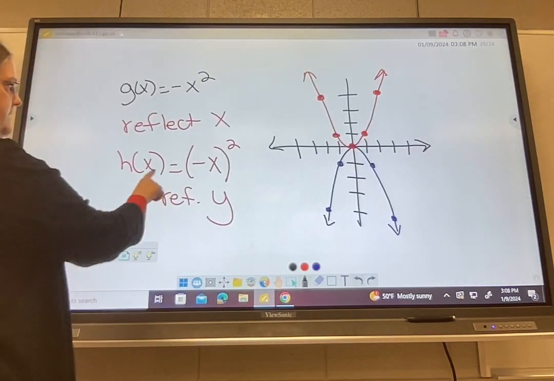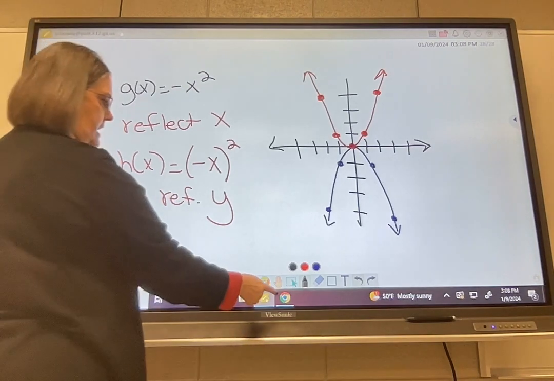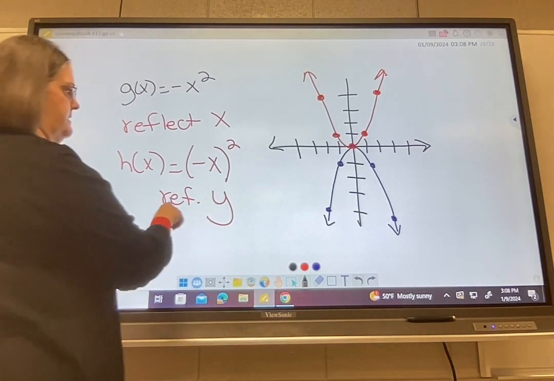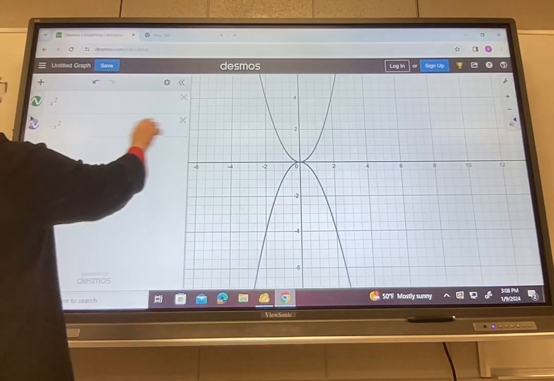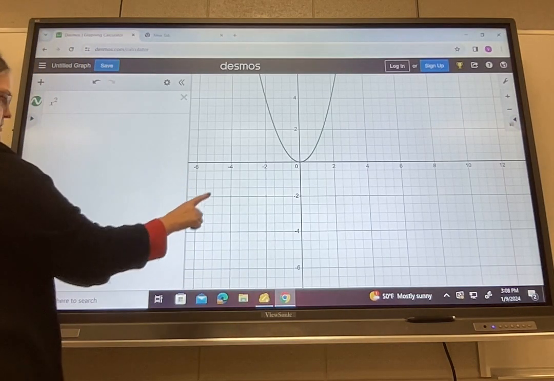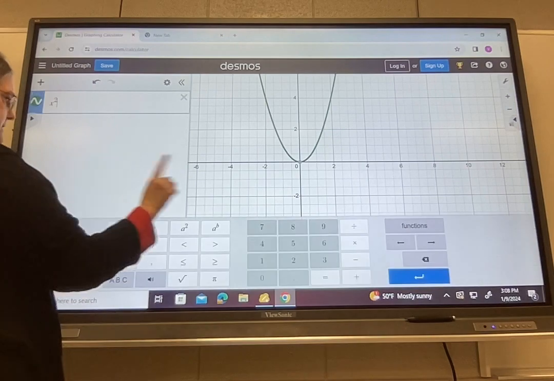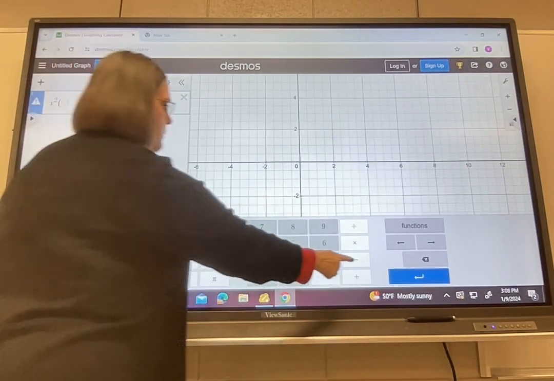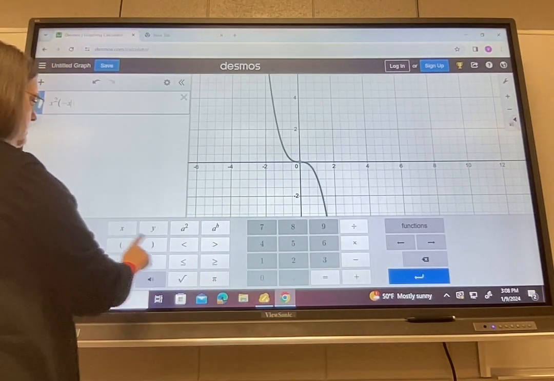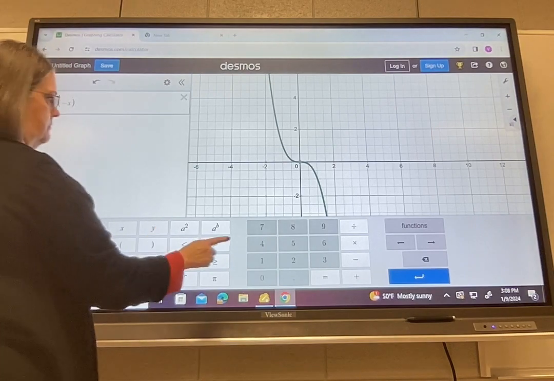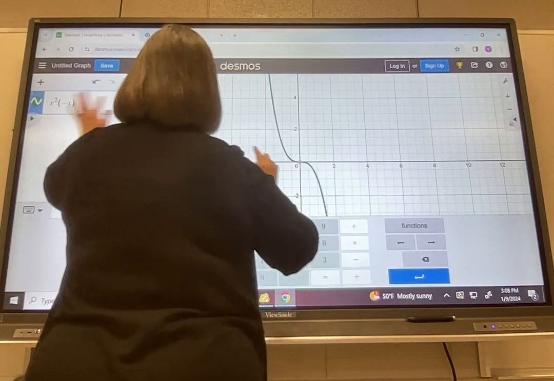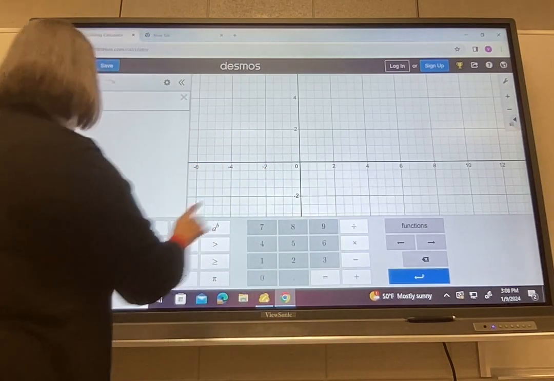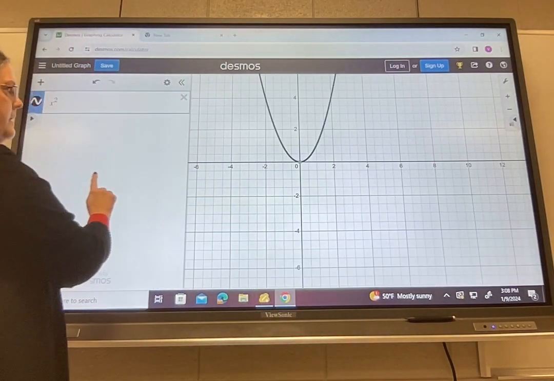And the next one, if you put a negative sign on the inside of the parentheses, that reflects y. Now, if I reflect the parent, let's get rid of this one so you can see it. There's the parent. If I reflect the parent over y, oh, sorry, I'm typing it in the exact same place. Here is x squared, there's the parent.